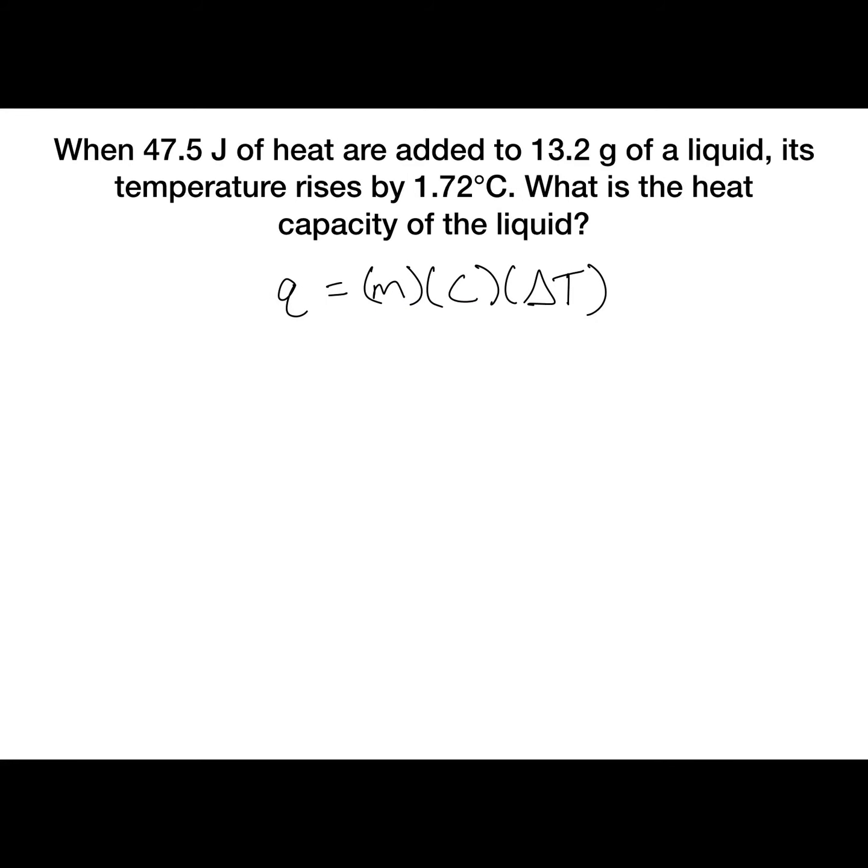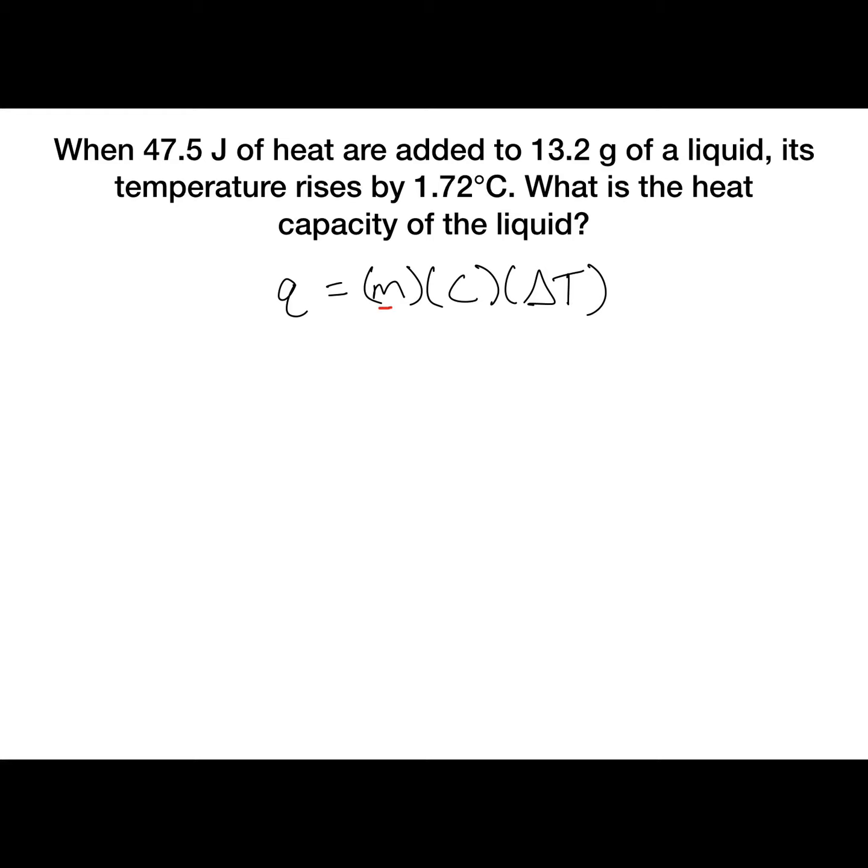Our last problem, we are trying to find the heat capacity of the liquid. We are given our Q value, our M value, and our delta T value. To make this easier, let's put our heat capacity by itself.